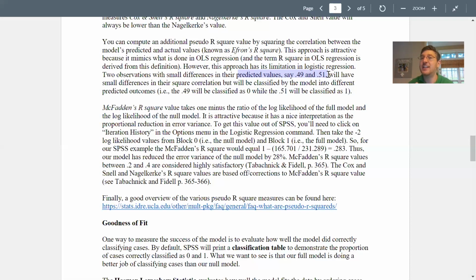Anything that the model predicts less than 0.5 would be classified as a 0, or not success. And so while their predicted values are close, and the squared correlation with their actual values would be very similar, the model is going to classify them into different outcomes. So that's a bit of a limitation of this model.